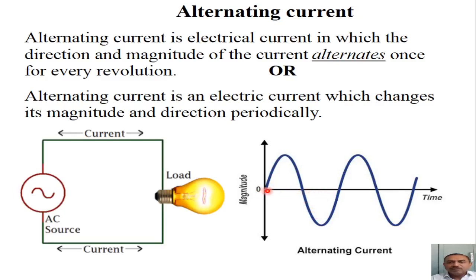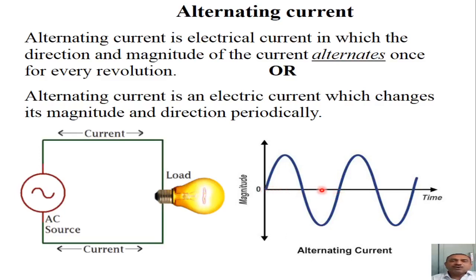The time taken by the alternating current for the positive and negative half cycle together is called the total time period. For a 50 Hz frequency, this time period will be 20 milliseconds, because the time period is related to the frequency as T = 1/f. So for 1/50 we get 20 milliseconds.